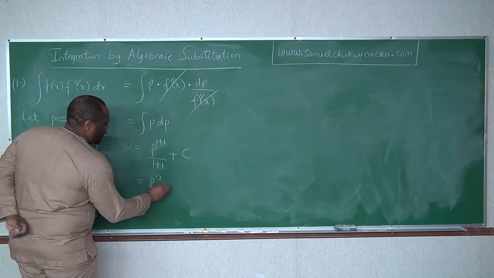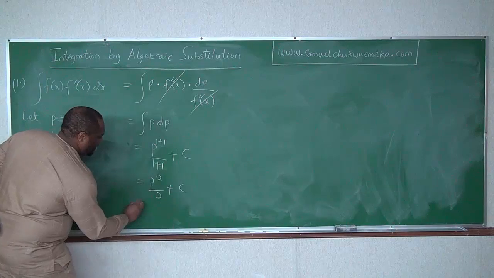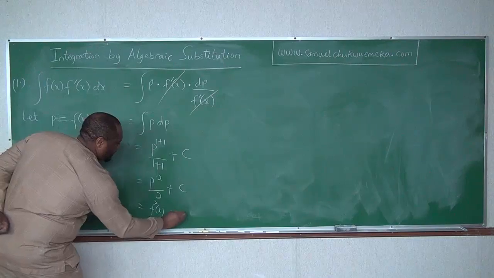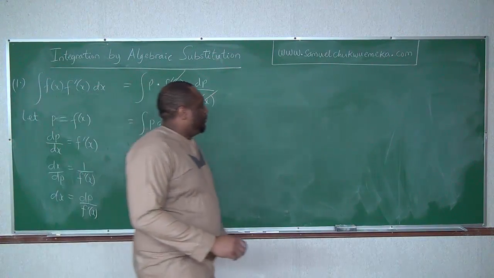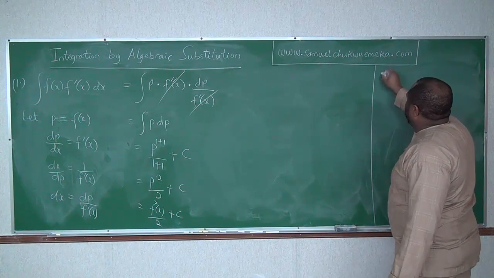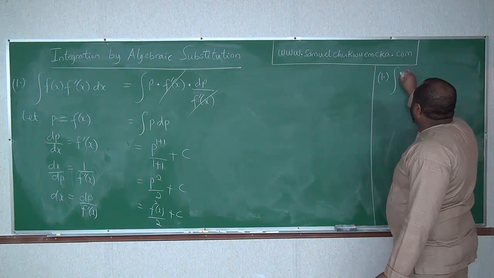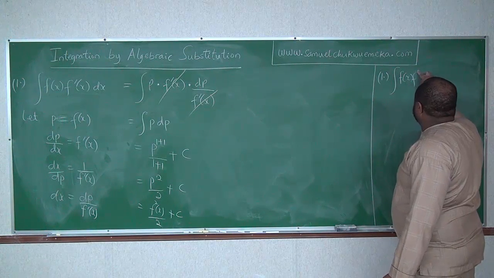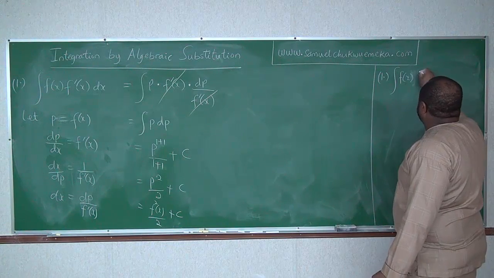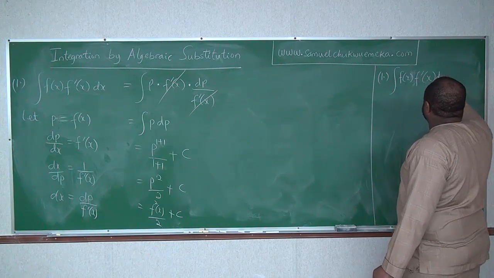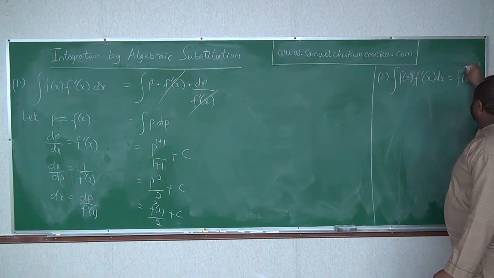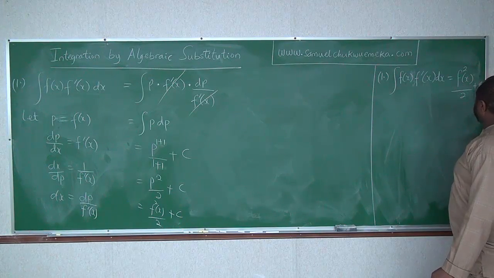So this is p squared over 2 plus c, which is now f of x all squared over 2 plus c. This is one of the standard integrals. You have the list on my side: the integral of f of x, f prime of x, dx is f of x all squared over 2 plus c.